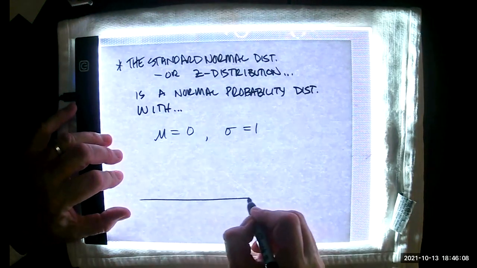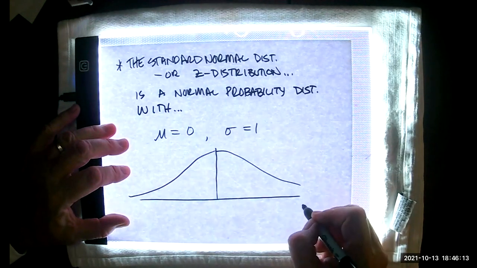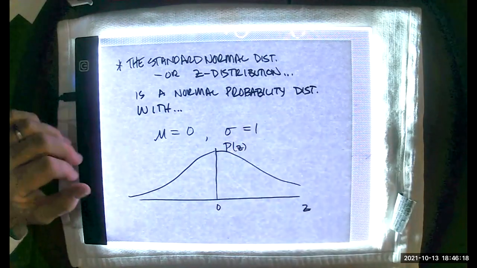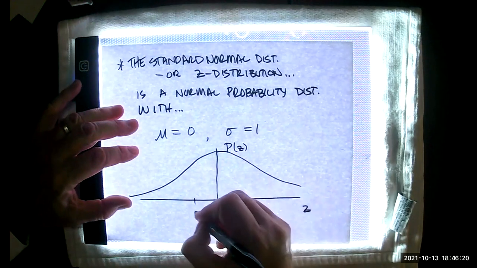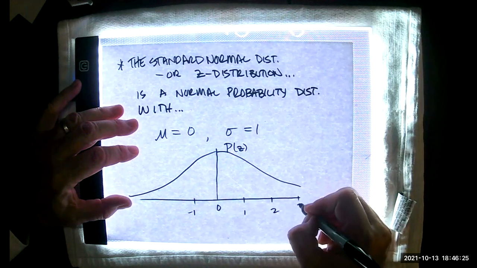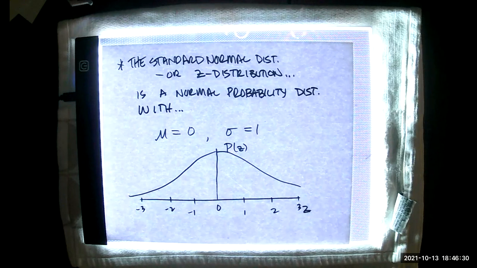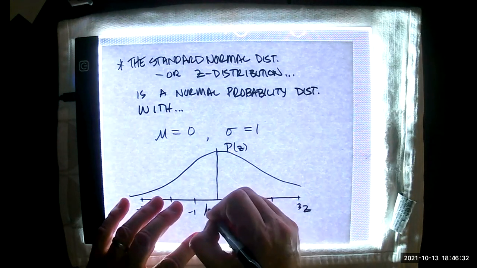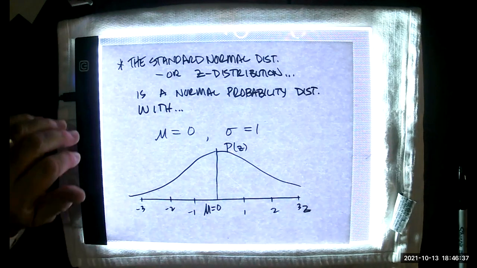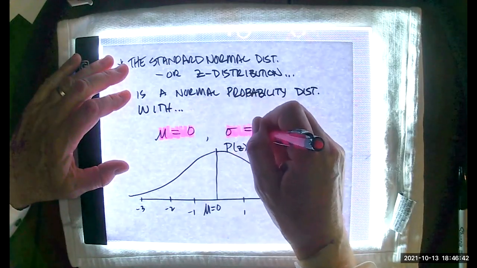So the graph looks something like that. Bell shape centered at a mean of 0. So the mean is 0, the standard deviation is 1.